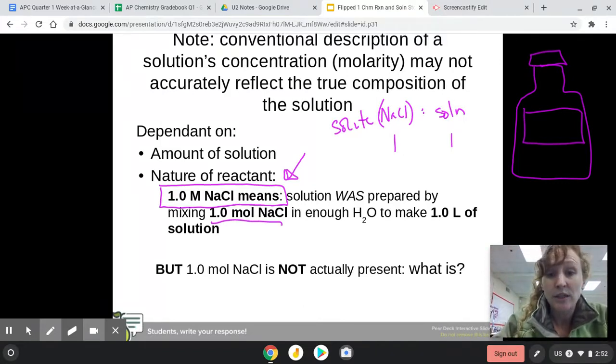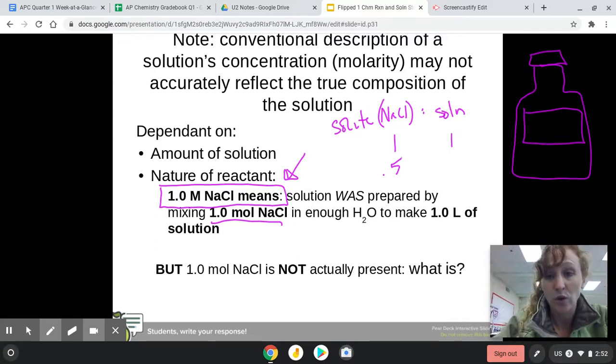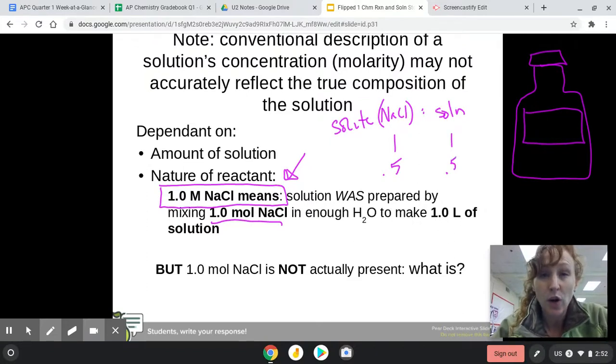Or 0.5 moles of NaCl was put into the bottle, and then water was added until the total volume was 0.5 liters. So we really don't know exactly how this was made, because what the label on the bottle communicates to us is a ratio, which can be great. Ratios are super helpful. We love ratios. But you have to know exactly what they communicate, right?